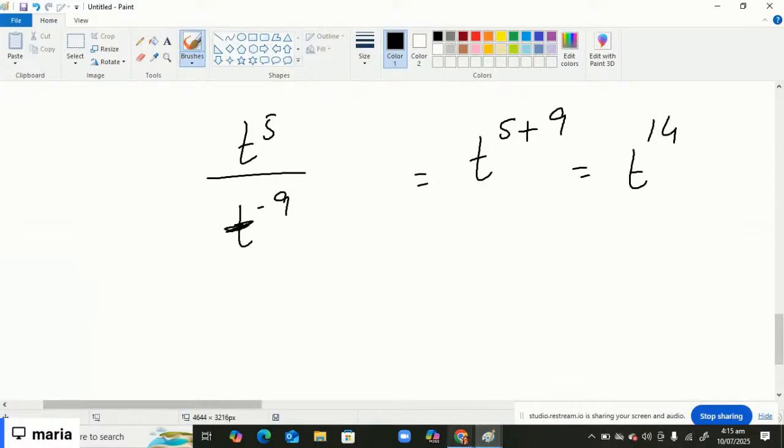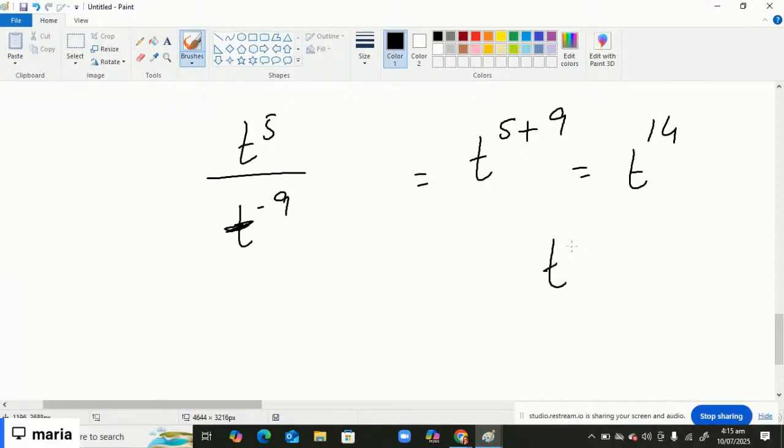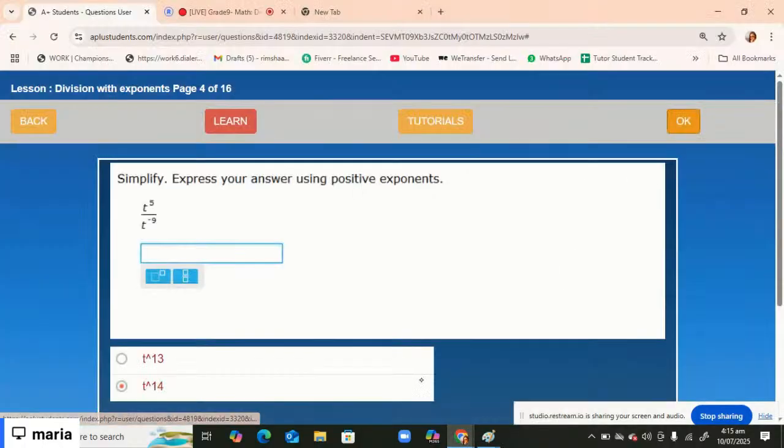T power 14 is a positive exponent. And this cap, you can say, also shows the power, okay? If it's not in this form, then this is in the form of positive 14. So let's go with it.